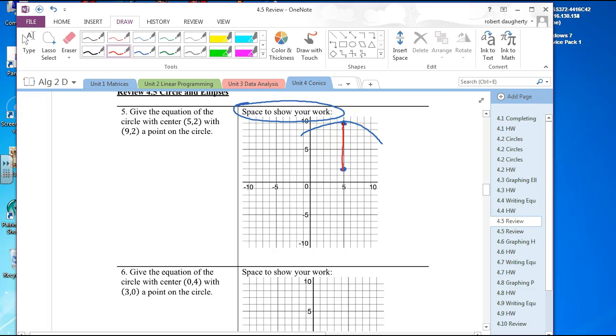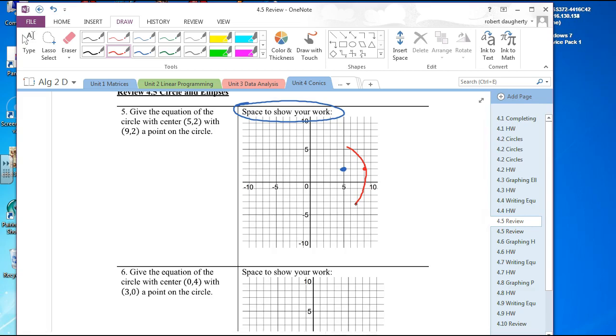So if 5, 2 is on the circle, and sorry, I just did that wrong. I did the wrong point. So back up. 5, 2 is the center, and 9, 2, which is right here, is a point on the circle. So that means the circle does this. Back up. There's a mistake, but you can fix it.